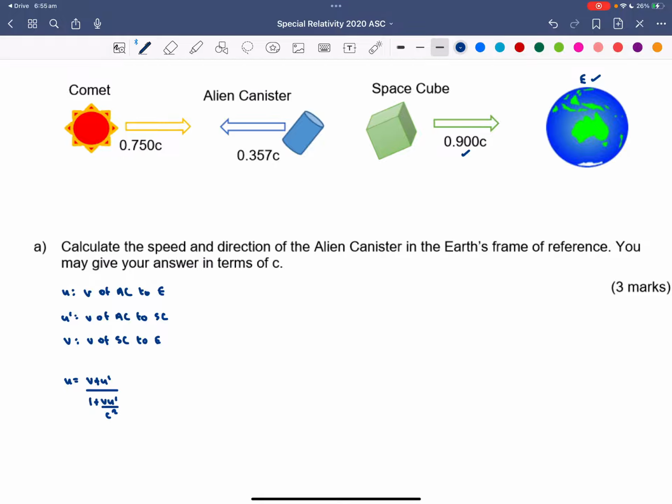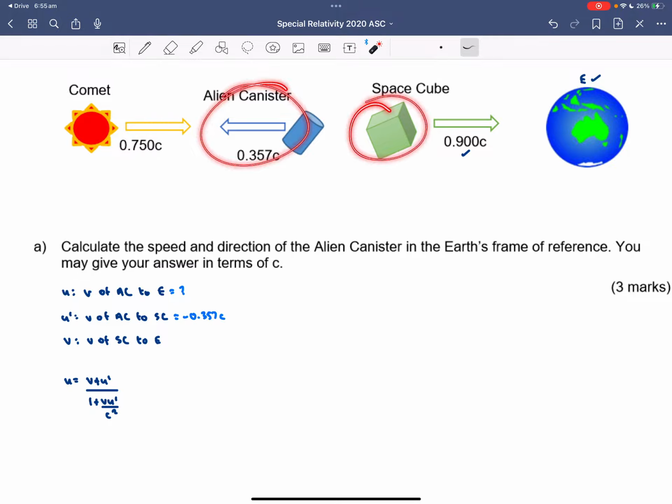The velocity of the alien canister according to Earth is what we're trying to find, so U is a question mark. The velocity of the alien canister according to the space cube, U dash, is negative 0.357 C, since it's going to the left.